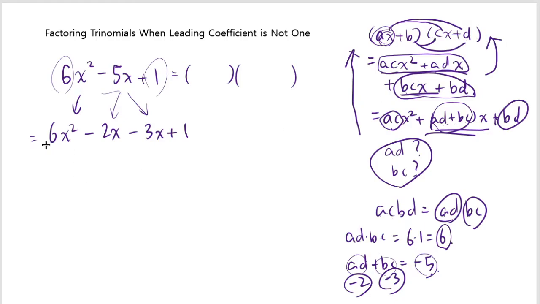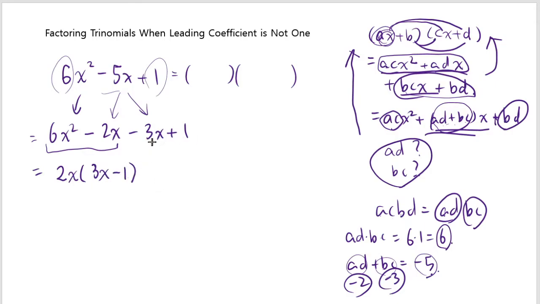So what you do is you take the first two and factor as much as possible. In this case, they're both even numbers, so 2 is a common factor, and they are both divisible by x, so 2x is a common factor. And what you're left with is 3x, since 3x times 2x will be 6x squared, right? And then minus 1 times 2x is negative 2x, so write it like this.